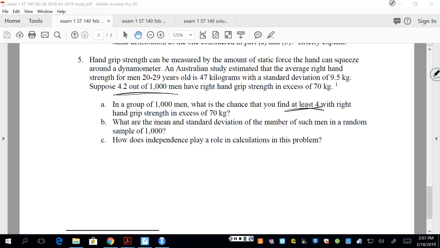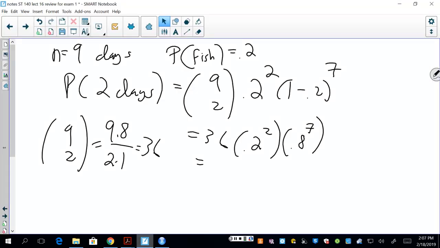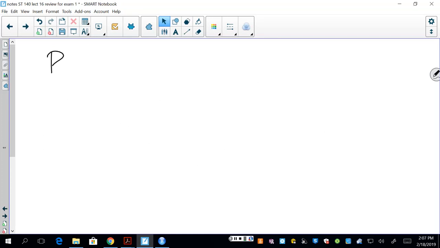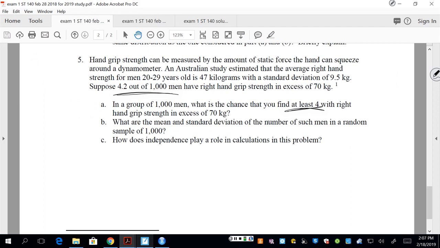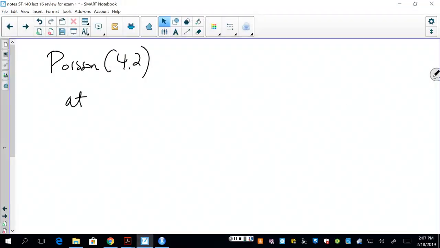So when it says kind of a rate, like 4.2 out of 1,000, that's like a Poisson random variable. And it asks, out of 1,000, what's the chance you find at least 4, and then mean and standard deviation. So at least 4.